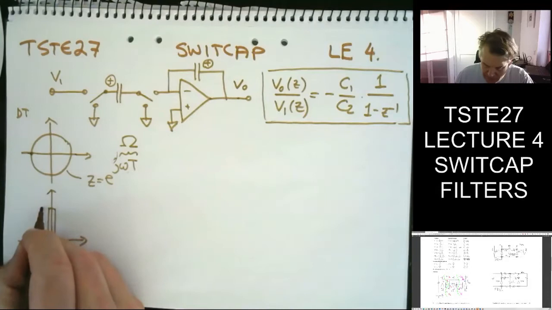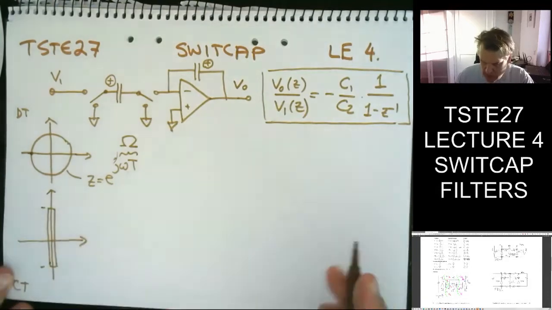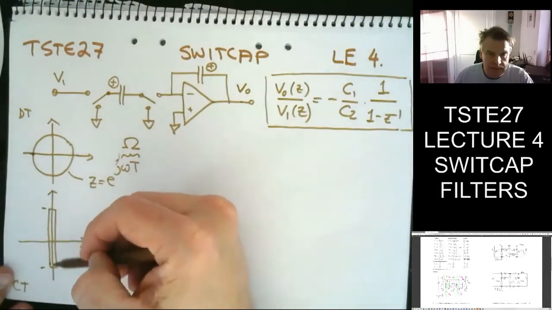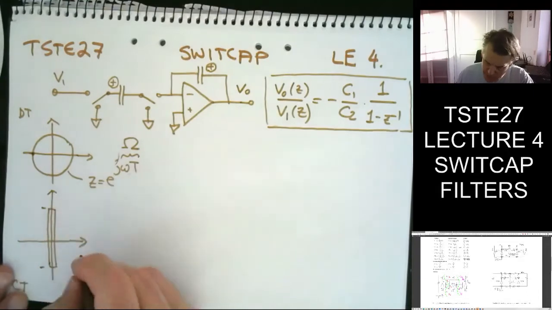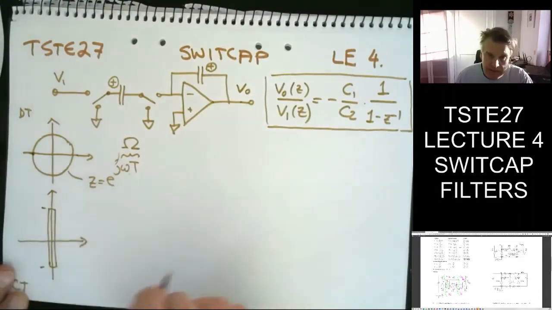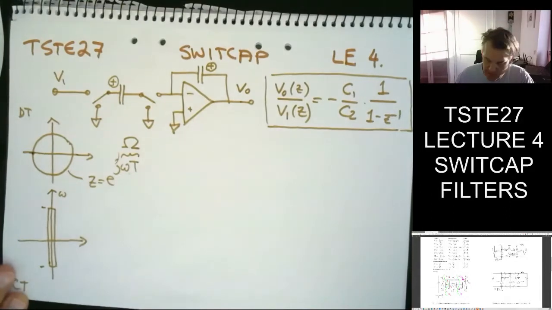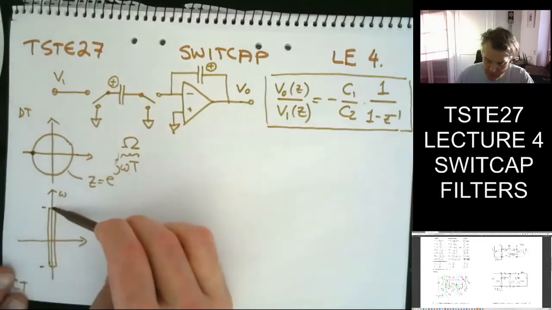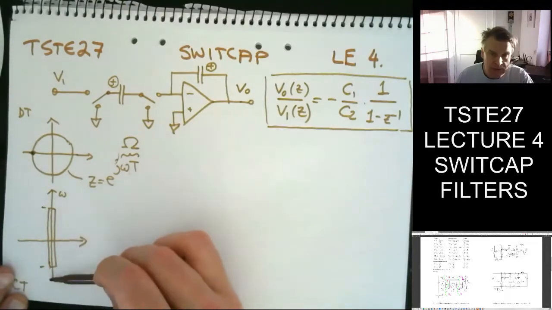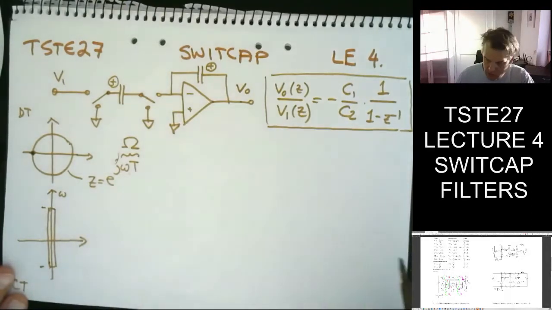So it doesn't make sense to have a frequency axis here which is more than half the sample frequency. So this entire span on my omega axis here is equal to the sample frequency. So this point here on the unit circle corresponds to half the sample frequency on the edges here.